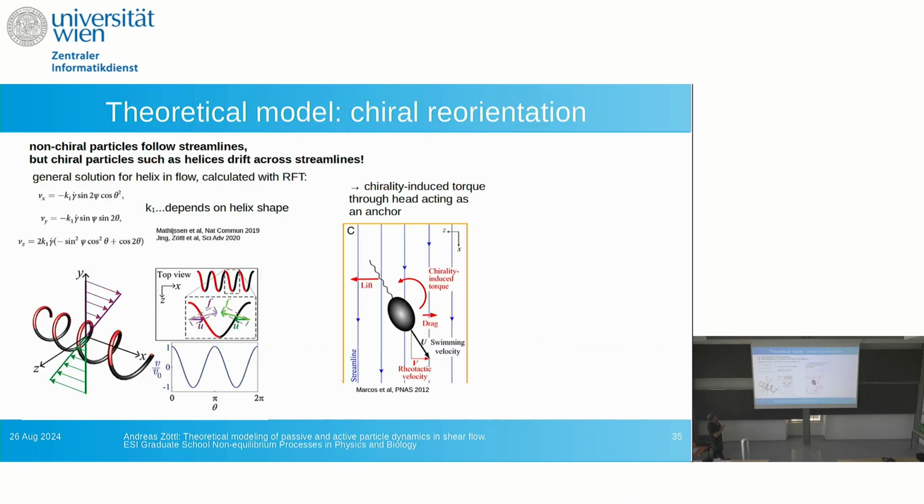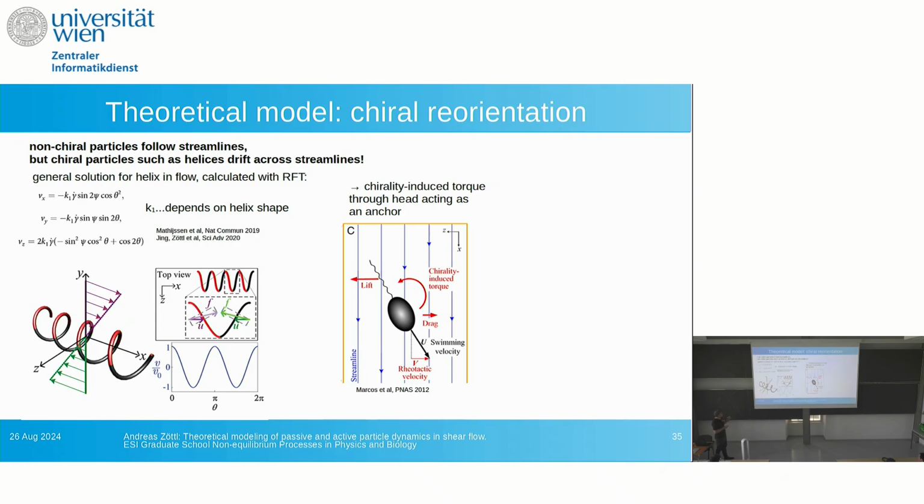Maybe I quickly want to go there. So the idea is the following. You have a particle which has some head plus a helix, rigidly attached. And as was already known from these Stocker papers, when you put a helix in shear flow, it will drift towards the negative z direction.